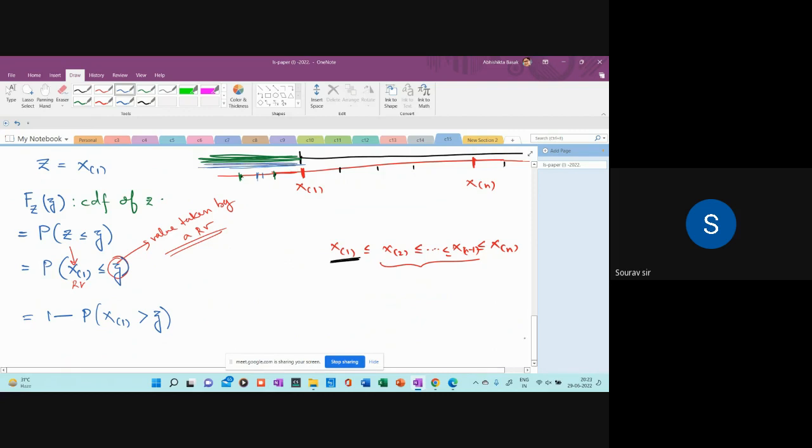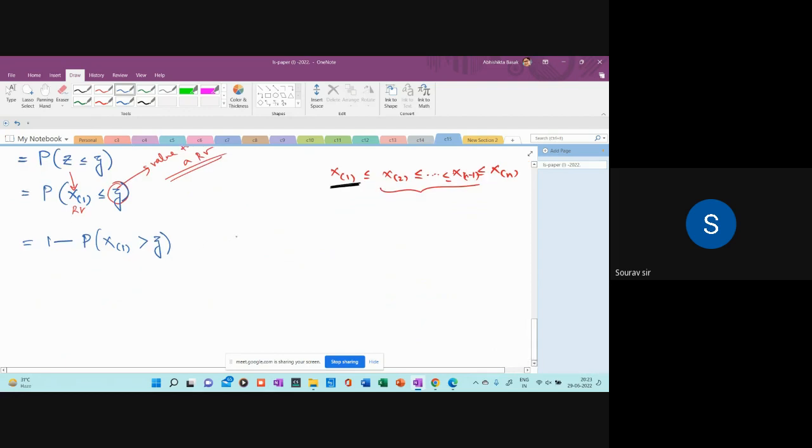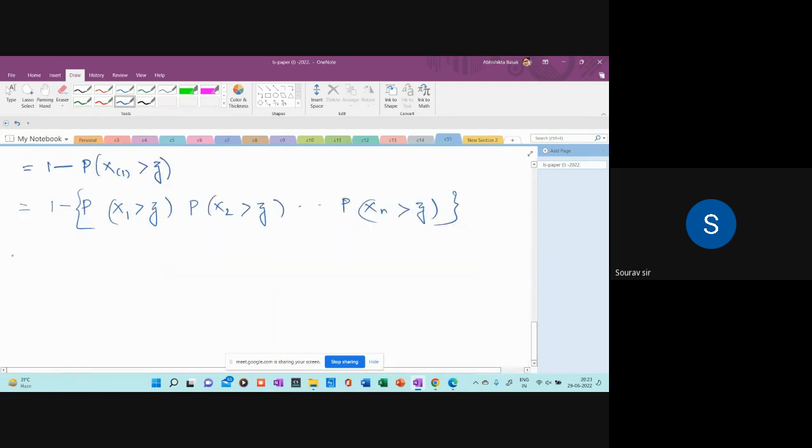This blue zone, which is overlapping with the green zone. So that is if any of the x order 1 is greater than z, so that means 1 minus the probability of any of the x1 greater than z, any of the probability of x2 greater than z, and so on, any of the probability of xn greater than z. And since they are random samples and also they are IID, that means they are identical. If you wish, you can actually skip this particular step.